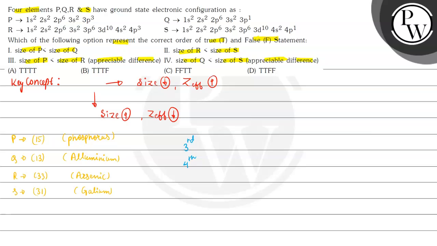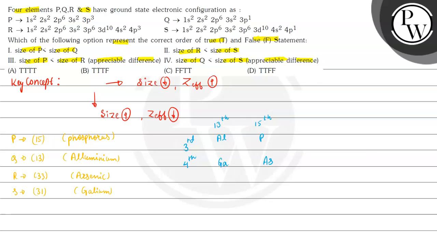Phosphorus and arsenic both belong to the 15th group, and gallium and aluminium belong to the 13th group. That means here we have aluminium, next phosphorus, next in the fourth period and 13th group we have gallium, and at last arsenic.